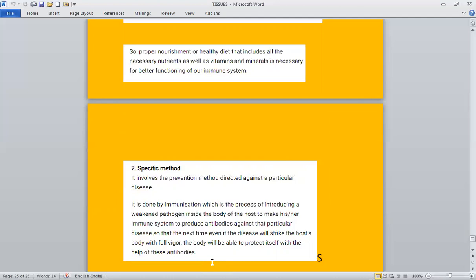So the practice of strengthening the immune system is called immunization.